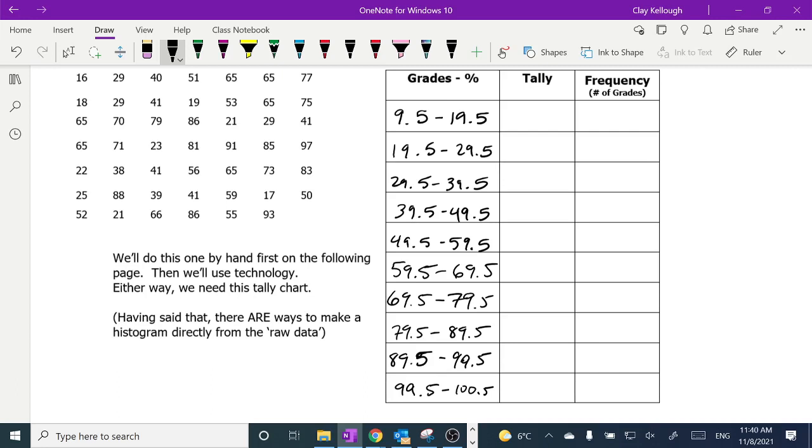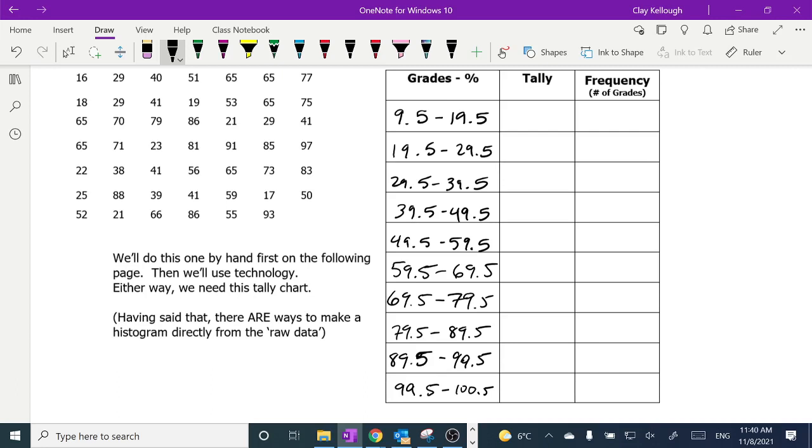Like again, if this was 19 to 30, that wouldn't work. And if this was 21 to 30, then my 30s would be in with my 20s. See the problem? I want the 20s to have a column, the 30s to have a column, the 40s to have a column. This ensures that I don't have anything landing right on the line that I don't know where it should go.